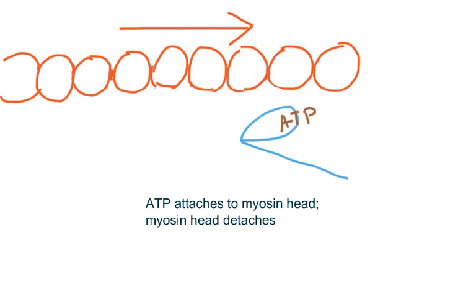The myosin head had ATP attached and was not attached to the actin filament and needed to be recocked. Now remember, it's going to recock in this direction when this ATP hydrolyzes to ADP and phosphate once again.